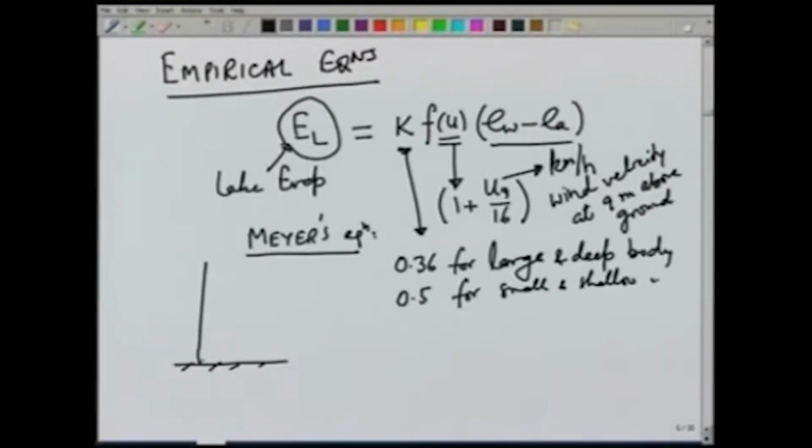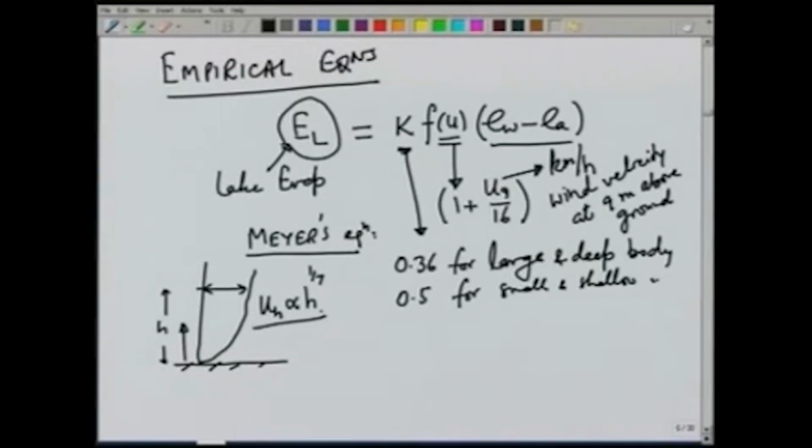As we know, the wind velocity typically shows a variation like this. At the ground level, it will be almost 0, and as we move up from the ground, let us say at a height of h, the wind velocity UH will typically be proportional to 1/7 power of h.